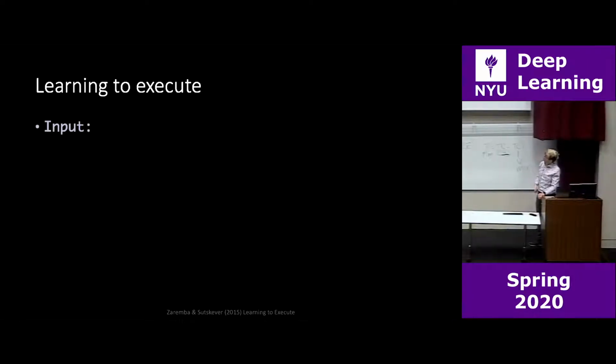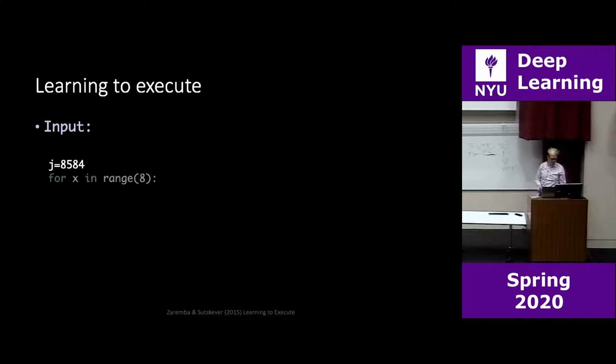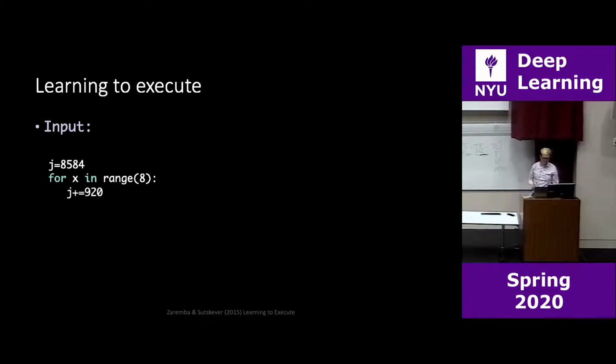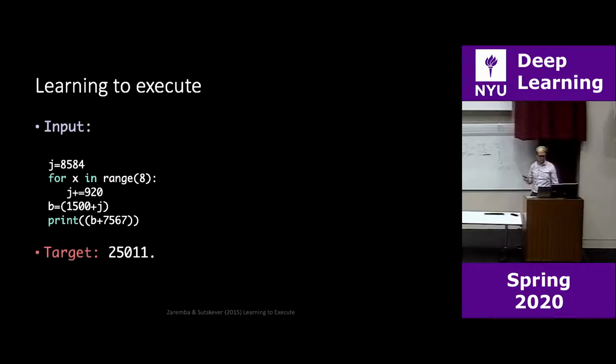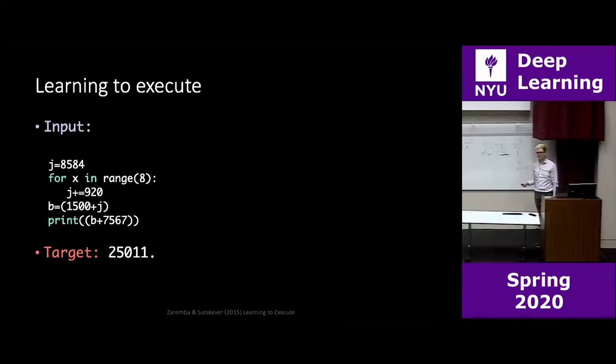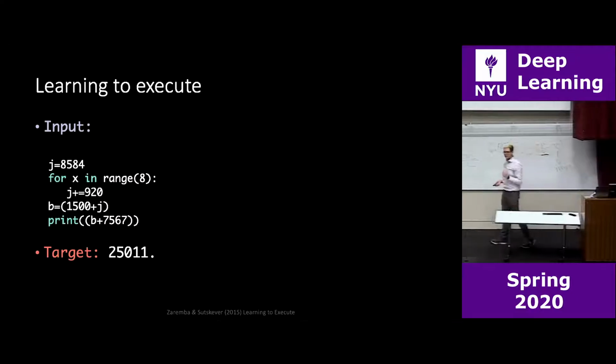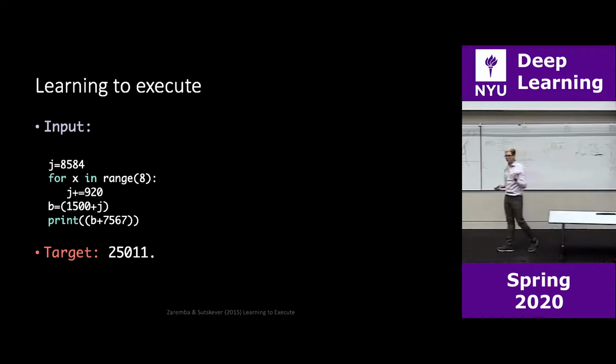So in this case, I have my current input, which I feed to my network: j equals 8584, then for x in range(8), add to j 920, blah, blah, blah, and then print this one. And then my network is going to be tasked with giving me 25,011. Okay, so this is the final output of a program, and I force the network to be able to output the correct solution of this program.